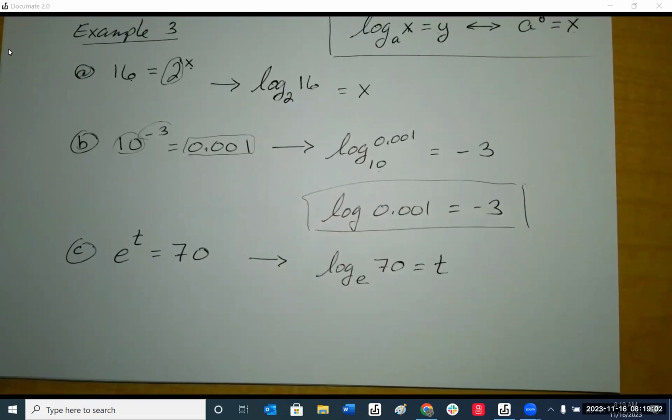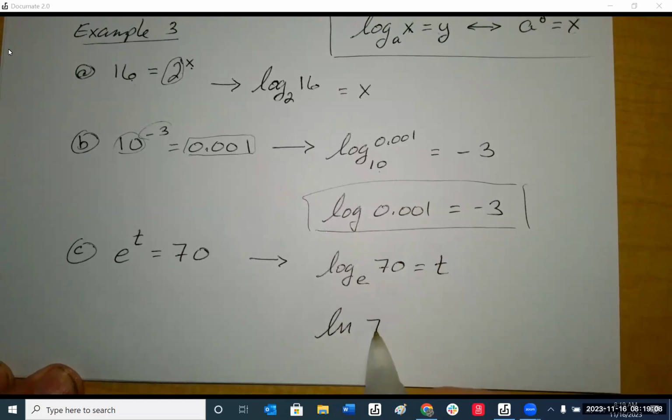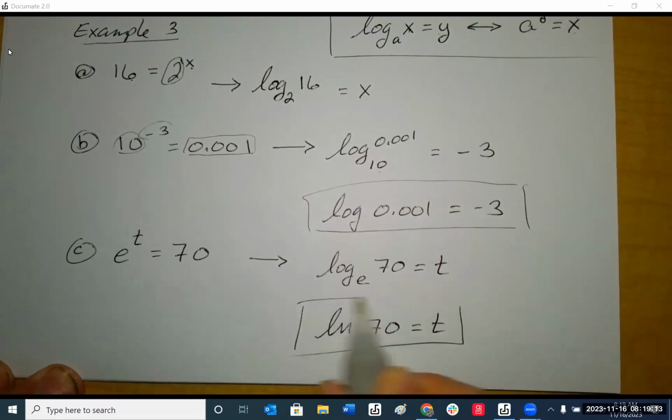But we're not done. What is log base E? The natural log. This is what you would enter.